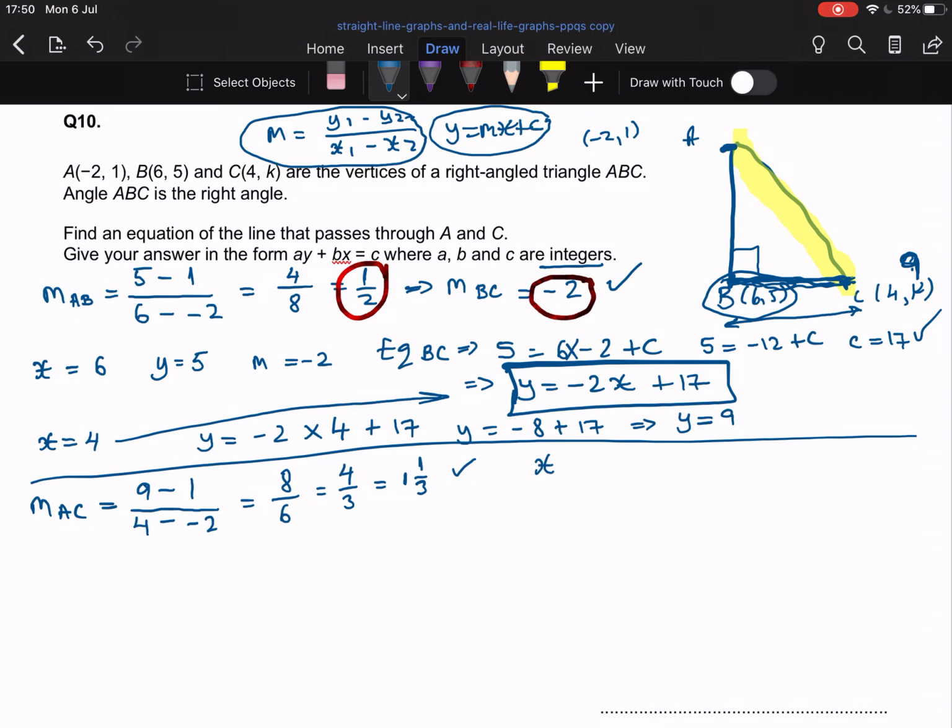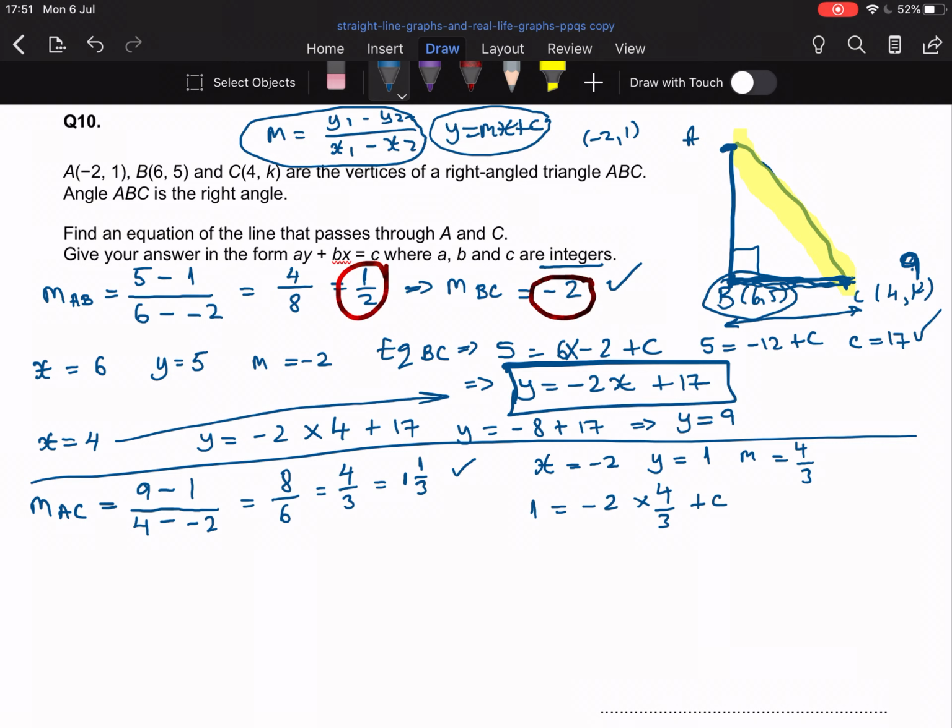So if I choose point A, then x is going to be minus 2, y is equal to 1, and m is equal to 4 over 3. And I substitute this into y equals mx plus c to find out the intercept. So y equals 1. So I'm going 1 equals minus 2 times 4 over 3. Add c.